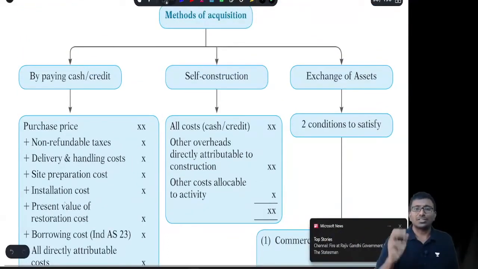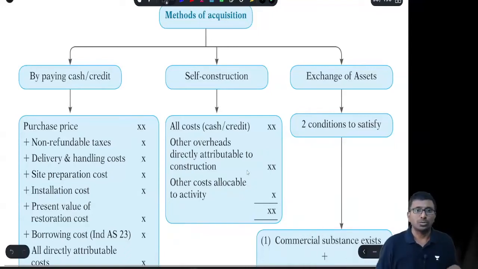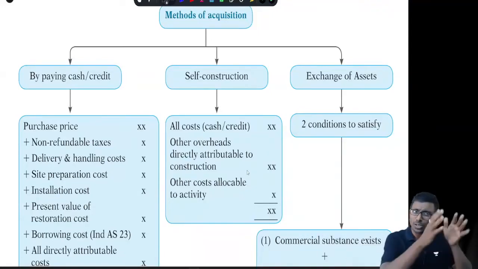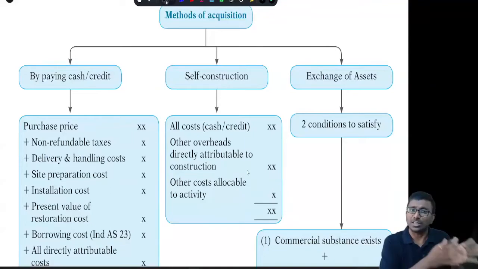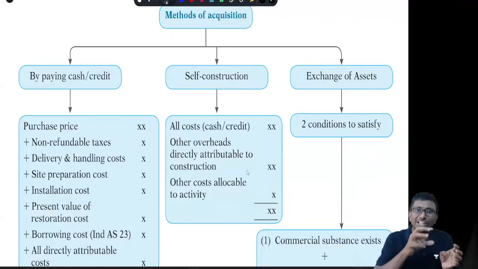In case of self construction, what are we supposed to do? Whatever I have discussed under cash or credit, all that plus any other overheads. But you should not say any other overheads and stop there. Any other overheads which are directly attributable to the construction. What do you mean by directly attributable?